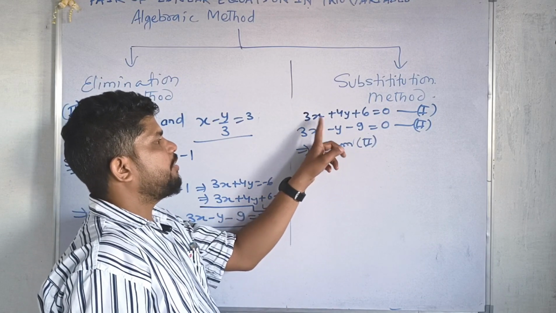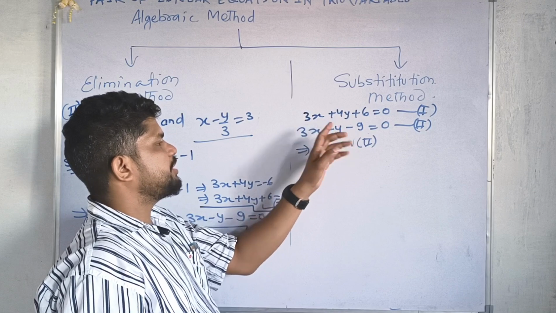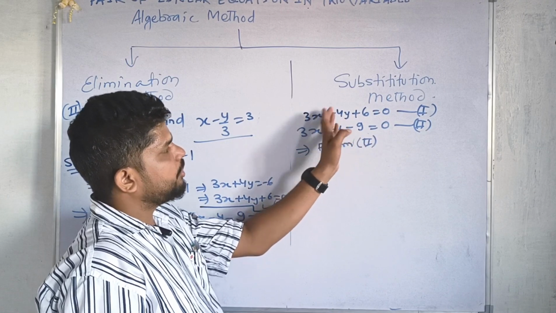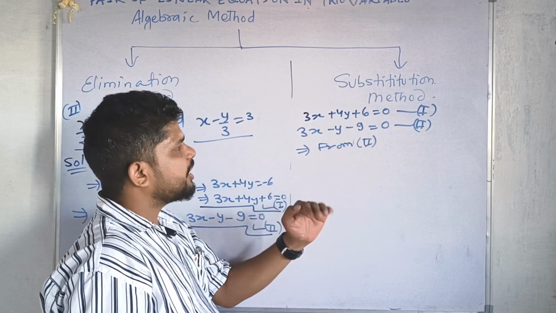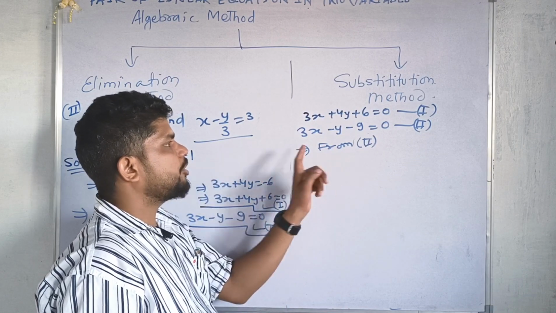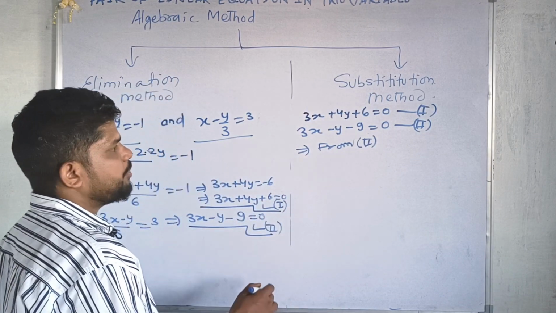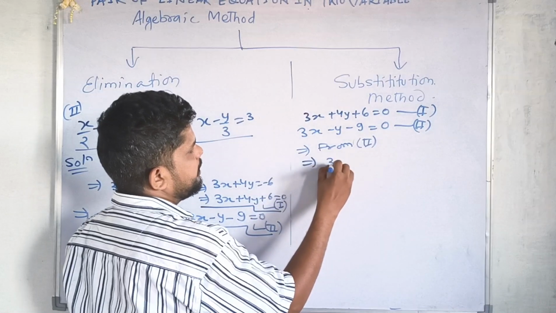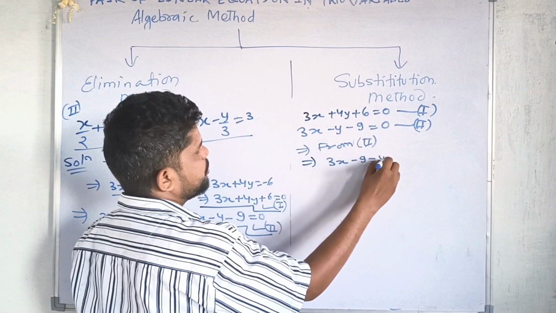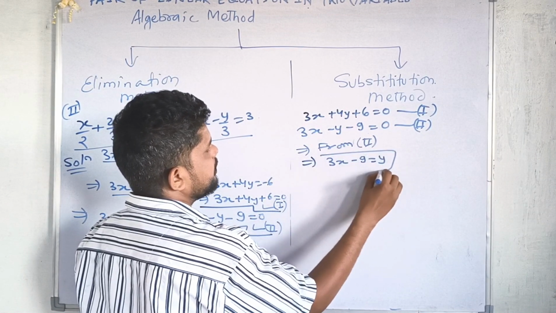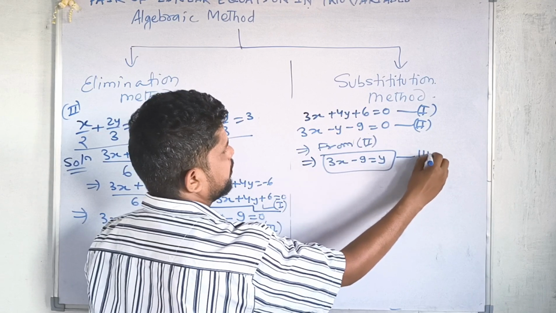Here the value of y we will get, that will not be divided by 4 on that side. So it is more convenient to take the value of y from equation number 2. So from equation number 2, 3x minus 9 will be equal to y. This is equation number 3.